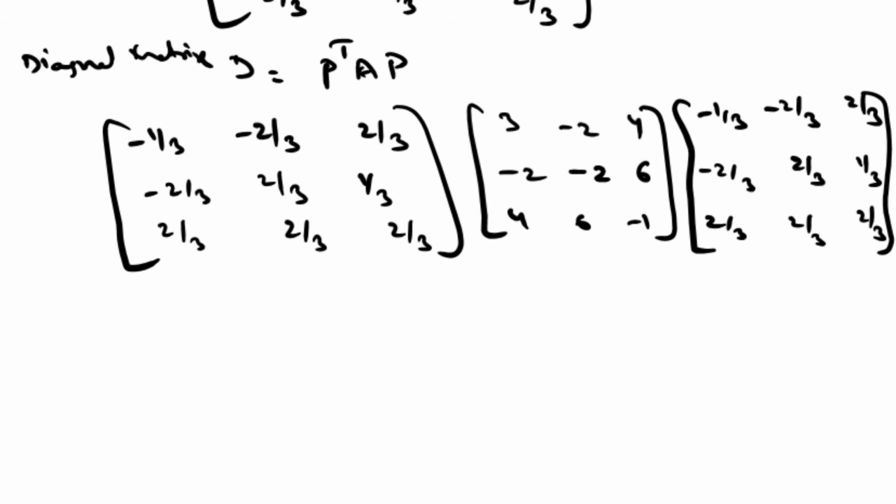By multiplying we can obtain the diagonal matrix: -9, 0, 0; 0, 3, 0; 0, 0, 6.